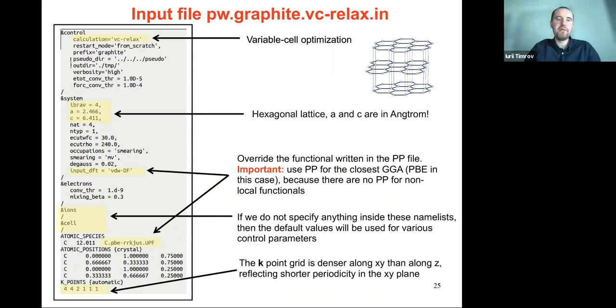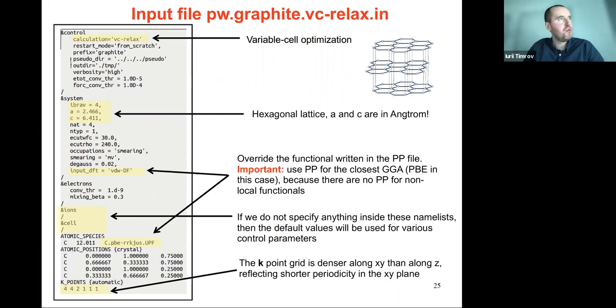However, I explained before that for hybrids, I would go for norm-conserving first. So it's an interesting question. You can start with the SSP library and try to use ultrasoft and PAW. If this is not working well, you can try norm-conserving pseudopotentials.